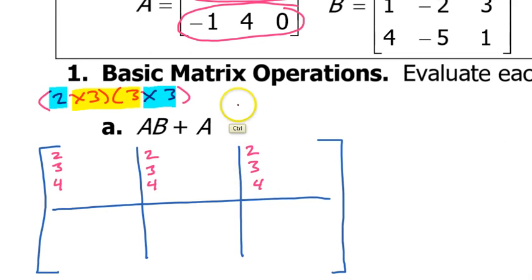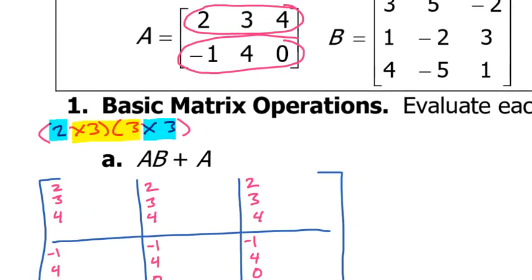Now row 2 will go in row 2. So row 2 is negative 1, 4, 0. So I'm going to have negative 1, 4, 0 across, repeated for each column. Row 2 goes in row 2.